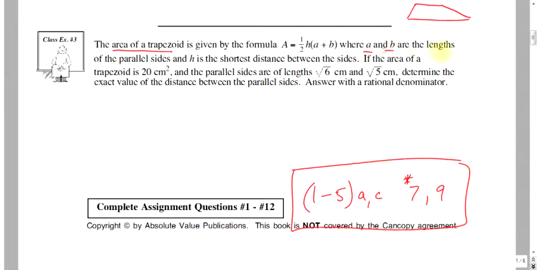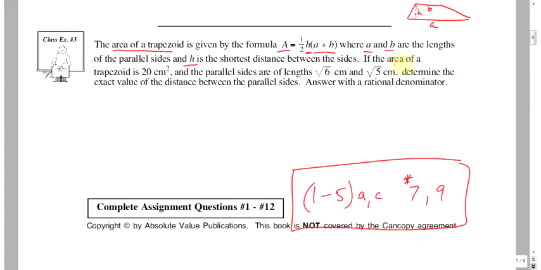Where a and b are the lengths of the parallel sides, and h is the shortest distance between the sides. That's the height. Kind of like a triangle, but not quite. Okay, just go with it. The area is 1/2 times the height, bracket a plus b. All right?